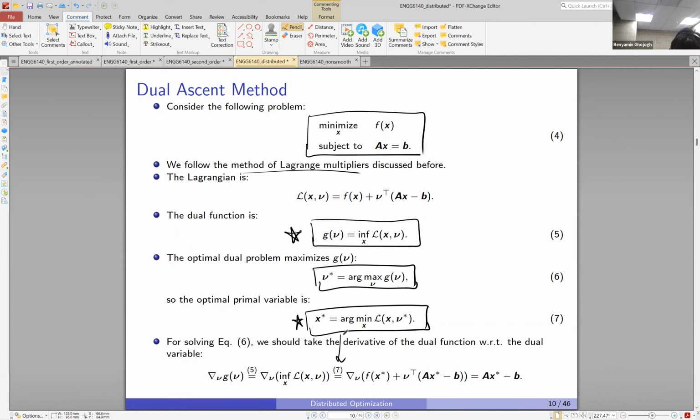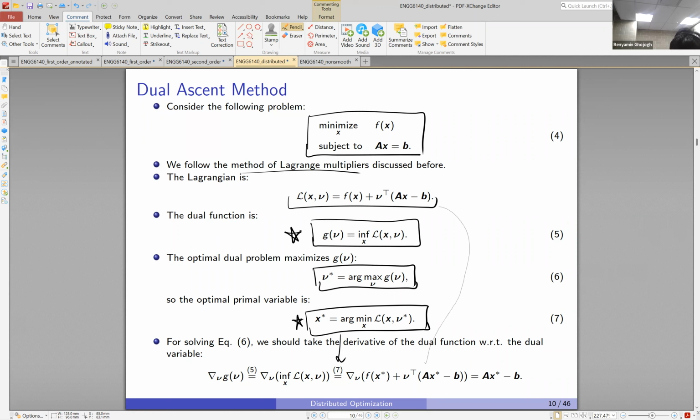So what is the infimum of the Lagrangian? Let me think. Oh, yes. When you take the infimum, the argmin of the Lagrangian is x star, okay? Therefore, I can put x star in the Lagrangian to get the infimum of the Lagrangian.